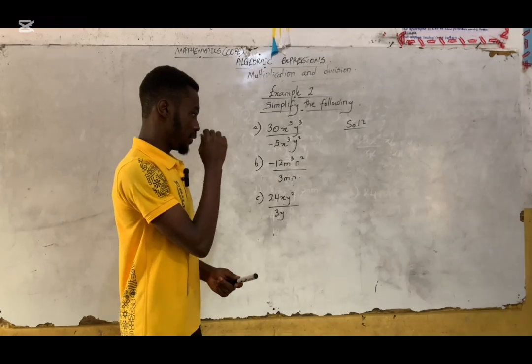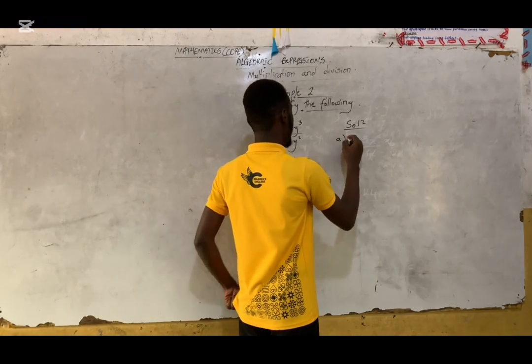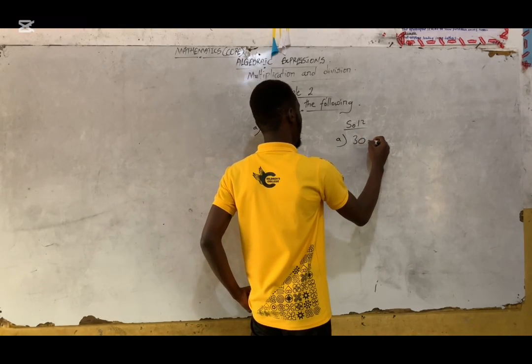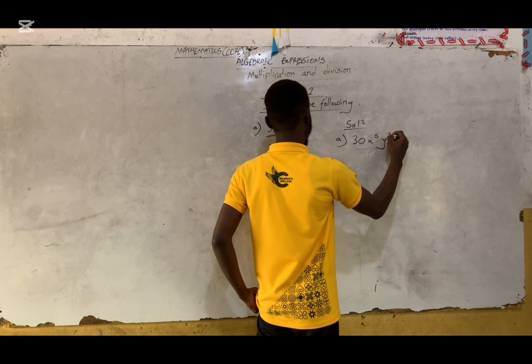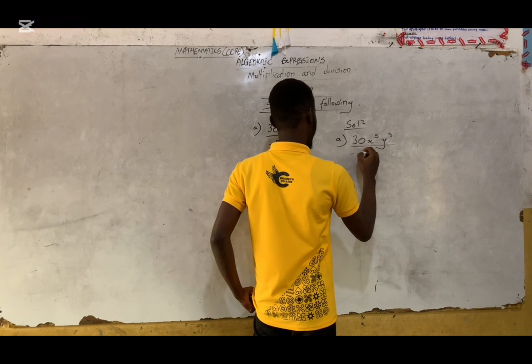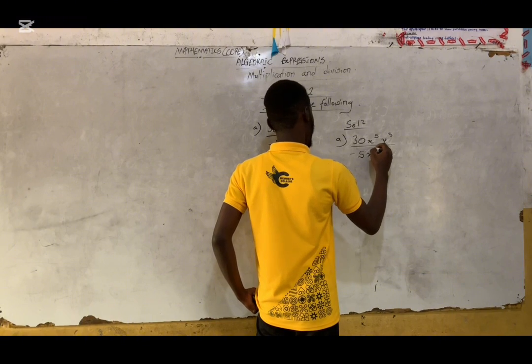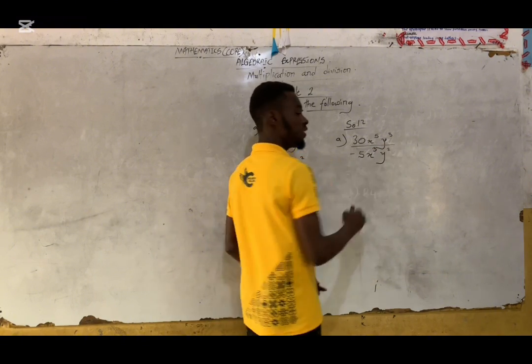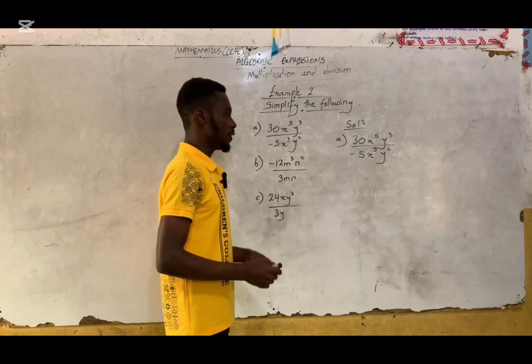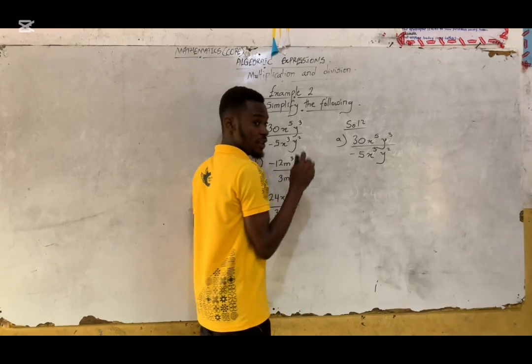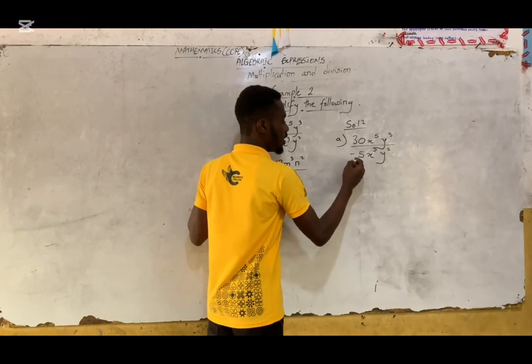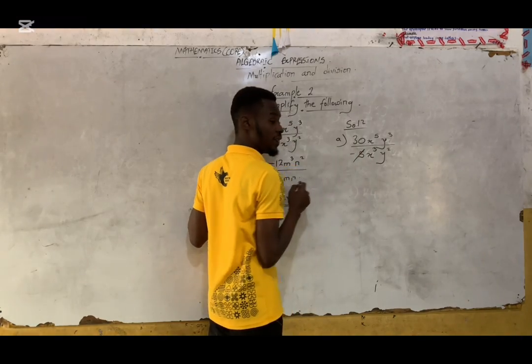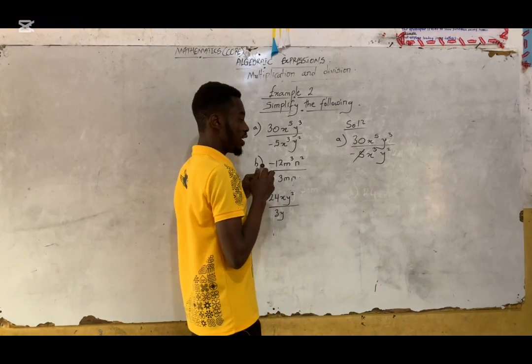Solution, right? A said 30x exponent 5, y exponent 3 all over negative 5 x exponent 3 y exponent 2, right? Now we do the numbers first, remember. Now negative 5, but let's do the 5 first, right?